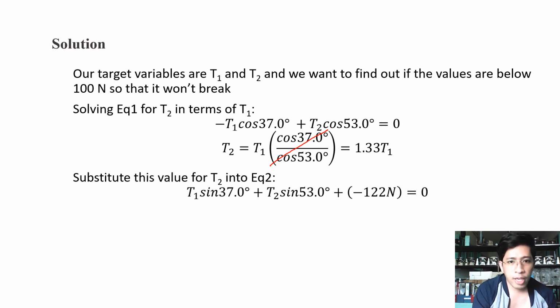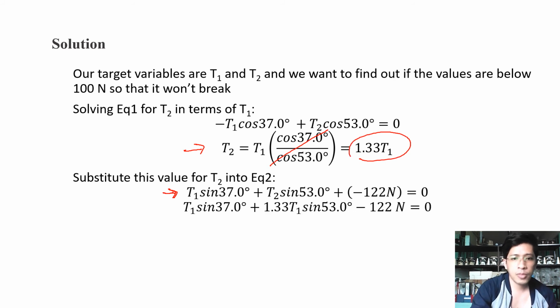So all the T2s in this equation will be substituted with this value here. Then we have T1 sine 37 degrees plus 1.33 T1 sine 53 degrees minus 122 newtons. So we have an equation which contains just T1.